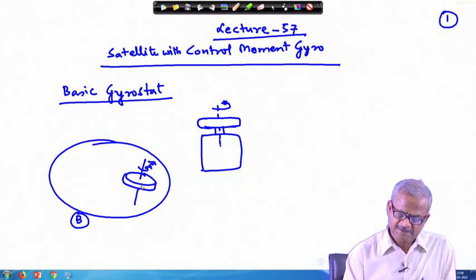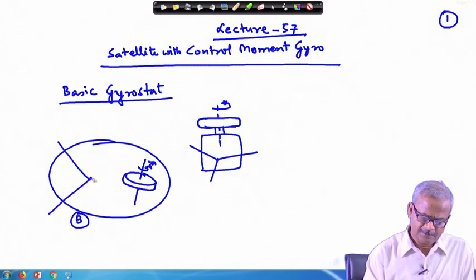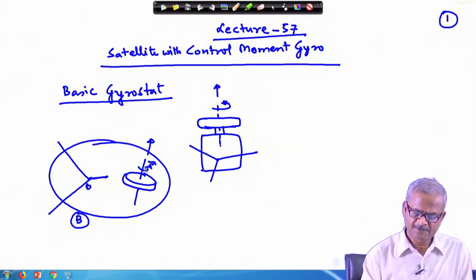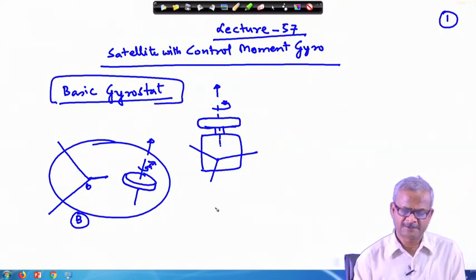In both cases, if I fix a body frame on the satellite main body, this axis of rotation remains fixed with respect to this frame, it is not changing. This is the characteristic of a basic gyrostat.